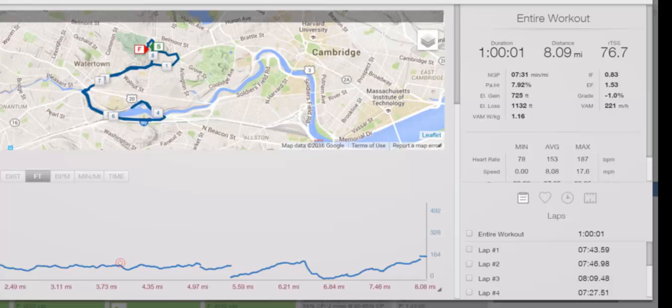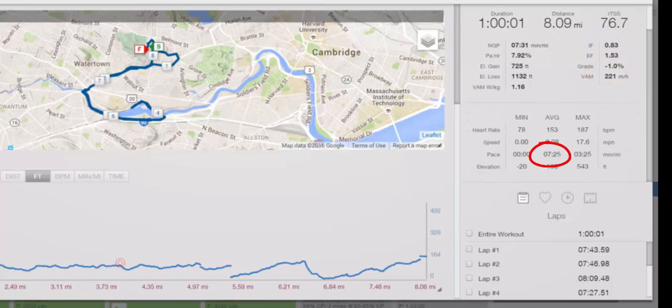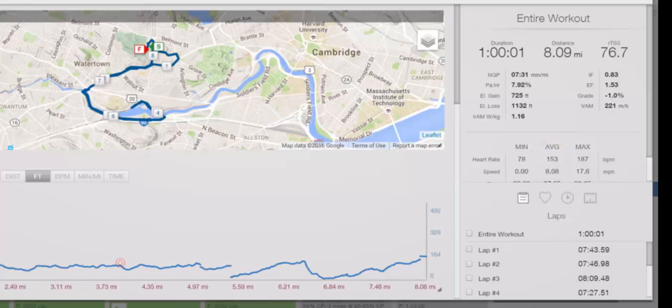Okay, so in this case, her intensity factor is that she ran 7:25s. That for her means that she ran around 83% of her threshold for 1 hour. So if she would run 1 hour at her threshold, or 100%, then this TSS would equal 100 points.